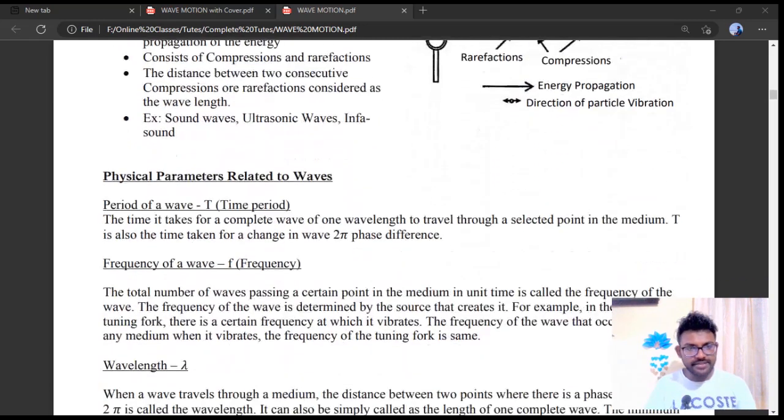So the first one is the period of a wave, the time period, right? These are not foreign terms, because we have considered them for rotational motion as well. The time period is basically how long it takes to complete one cycle, or a change of 2 pi in phase difference.